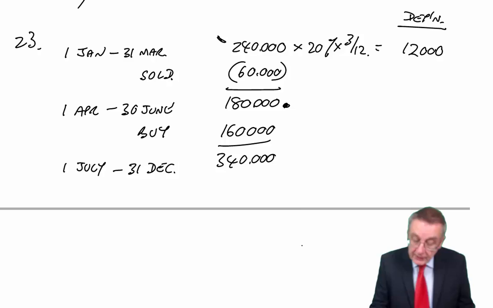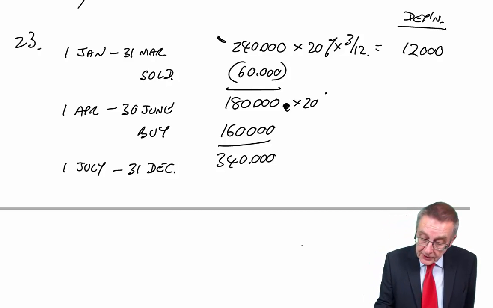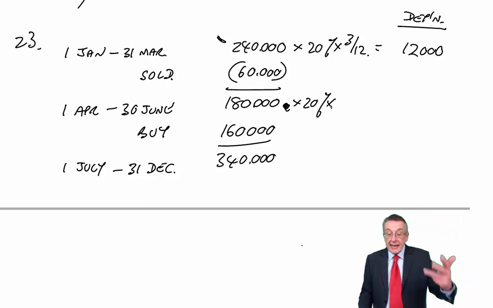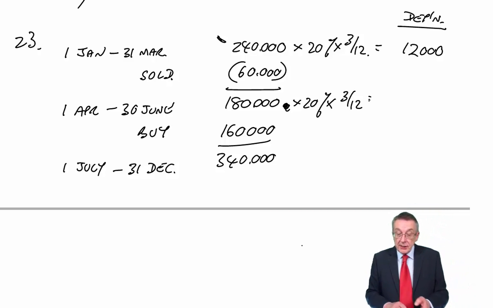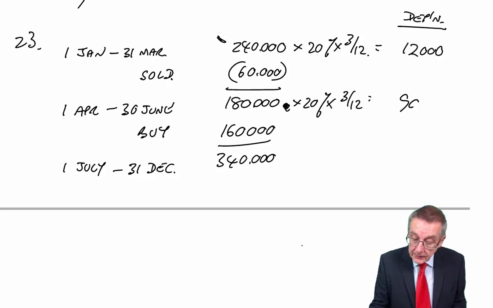It then went to 180,000. So depreciation is 20% of cost, but how long was it 180,000 for? April, May, June. Again, 3 months. And so the depreciation for that period, 9,000.